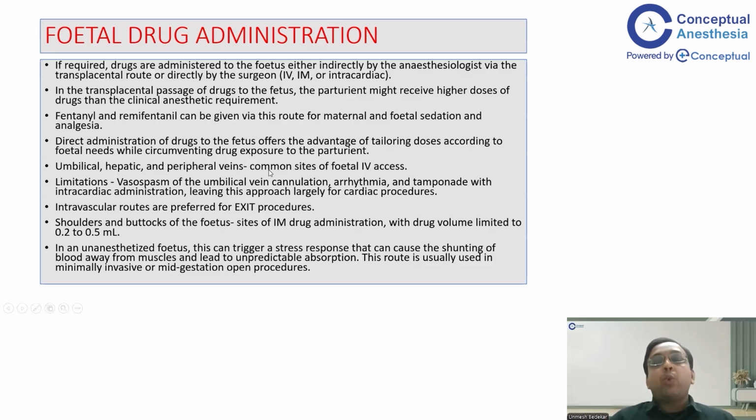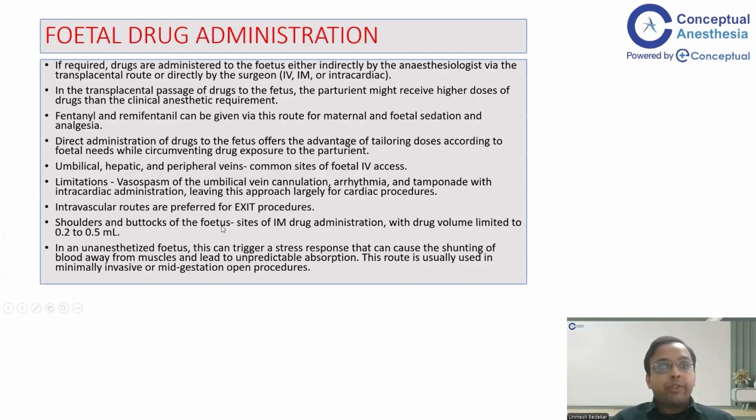What are the most common sites of fetal IV access? They include umbilical, hepatic, and peripheral veins. What are the limitations? Vasospasm of the umbilical vein on cannulation, and arrhythmias and tamponade with intracardiac administration, leaving this approach largely for cardiac procedures. So intravascular routes are preferred for EXIT procedures.